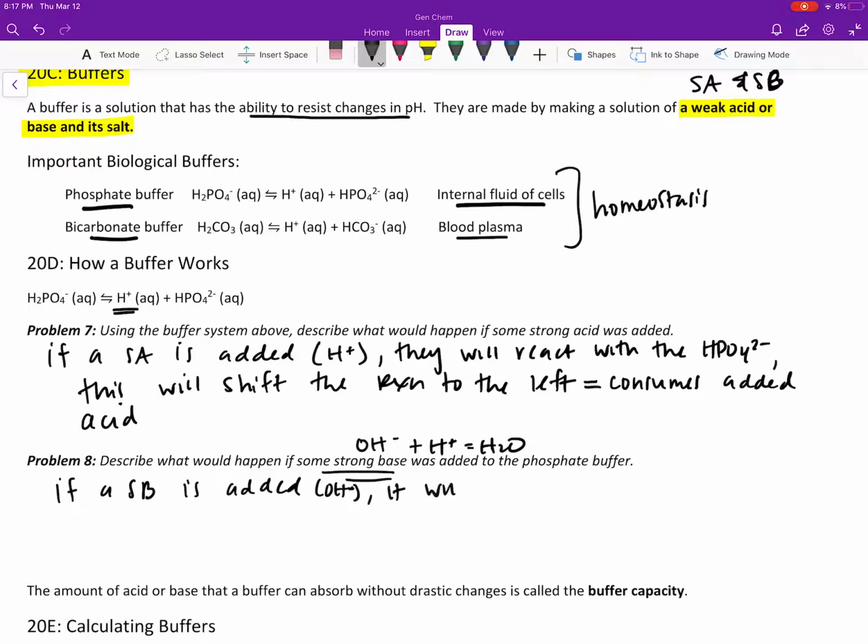So it will react with the H plus in solution to form water. Now, in Le Chatelier's principle, we talked about when something decreases. So if OH minus is reacting with the H plus, it's essentially removing it from the equilibrium. And when we remove the H plus, this is going to cause the reaction to shift to the right.